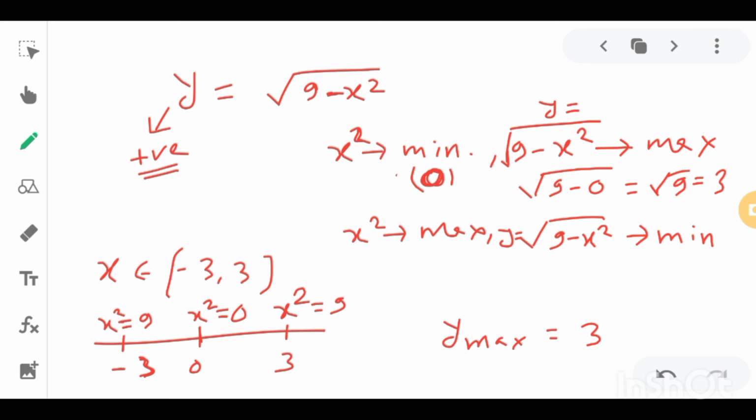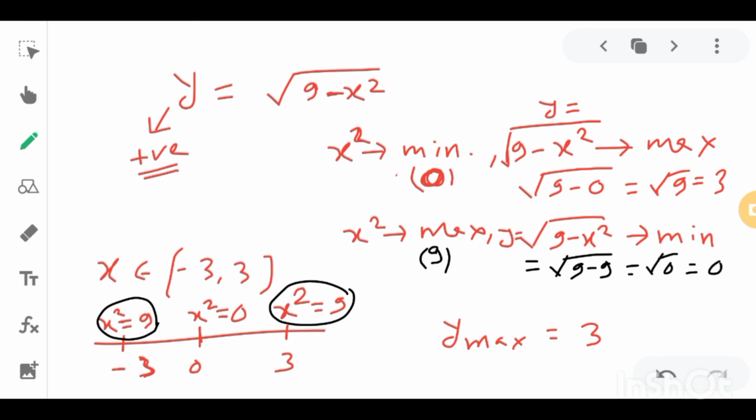So you are able to see easily that x square maximum is 9 when x is 3 or minus 3. So y minimum value will be square root of 9 minus 9, correct? It means square root of 0, which means 0. So y minimum you will get as 0, correct?